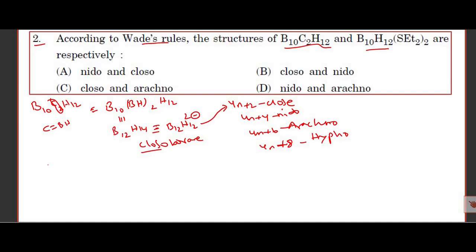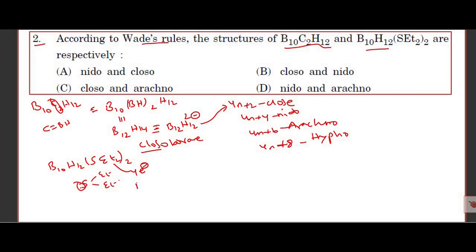And let us consider the second one, B10H12 SET twice. Here this SET donates 2 electrons, and twice means it donates 4 electrons in total.